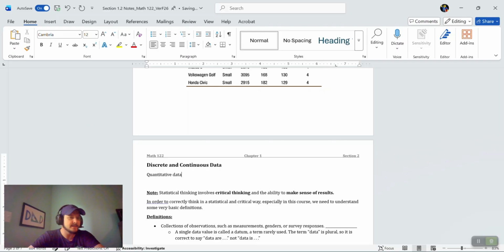Quantitative data can be further described, spelling with a C, by distinguishing between discrete and continuous types. I'm going to bold this, discrete and continuous types.